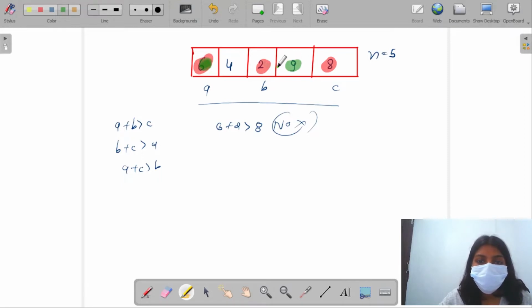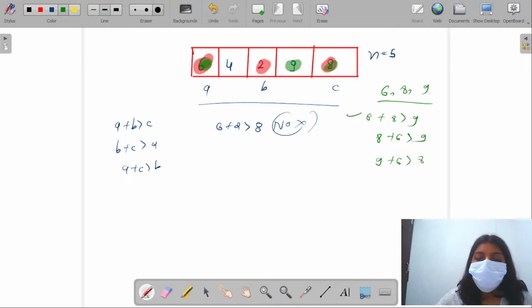I check if these three sides form a triangle or not. 6 plus 8 is greater than 9, 8 plus 9 is greater than 6, 9 plus 6 is greater than 8. So these three sides form a triangle, and my count increases by 1. It means I have found one triangle.